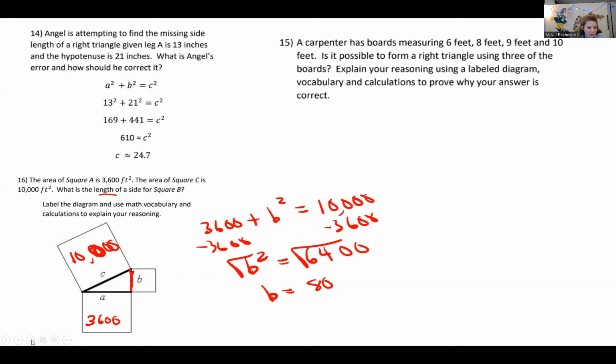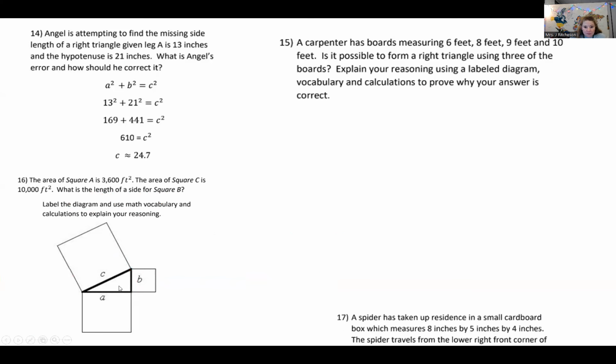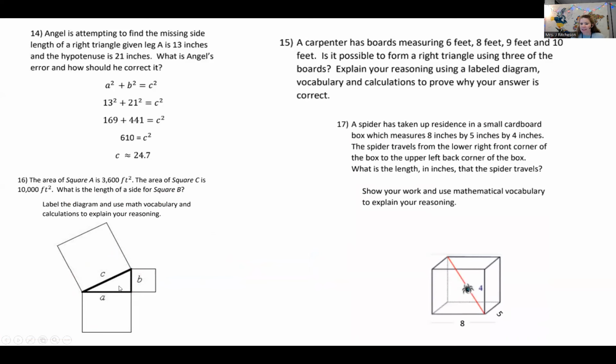All right, you guys, one more, I think. A spider is taking up residence in a small cardboard box. It measures 8 inches by 5 by 4. We want to know the diagonal. All right, so hopefully y'all remember how to do 3-dimensional. Since we have 3 dimensions, we're going to square each of the 3 dimensions and then find the square root of the answer, the diagonal.